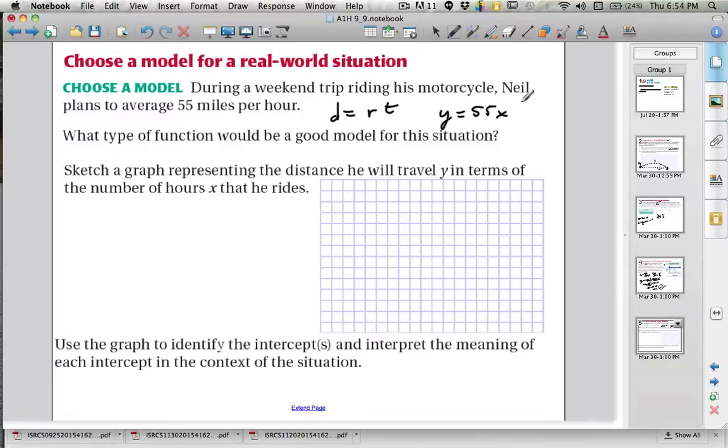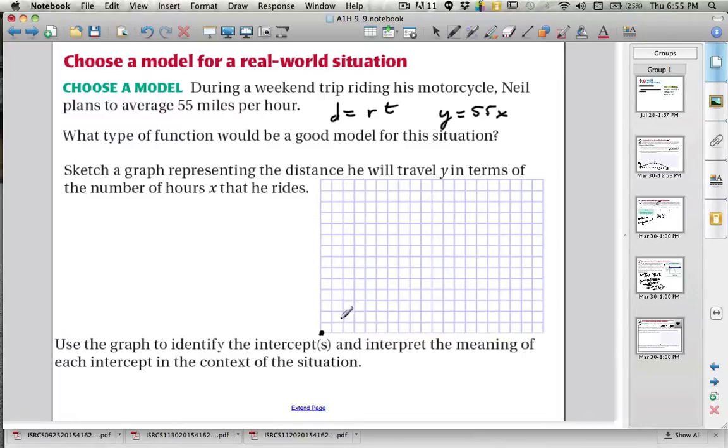If we were comparing him to a location, we might have a constant, but right at this moment he's starting, I guess, at his home. So if we want to sketch a graph representing the distance he will travel in terms of the number of hours that he rides, we know he'd be at 0.